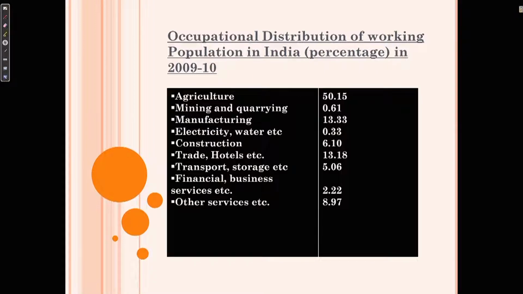Mining and quarrying, 0.61, manufacturing, 13.33, electricity, water, etc., 0.33, construction, 6.10, trade, hotels, etc., 13.18, transport and storage 5.06, financial business services 2.22%, other services etc. 8.97. This gives you the clear-cut picture based on the data of 2009-2010. This is the occupational structure, the distribution of our working population.